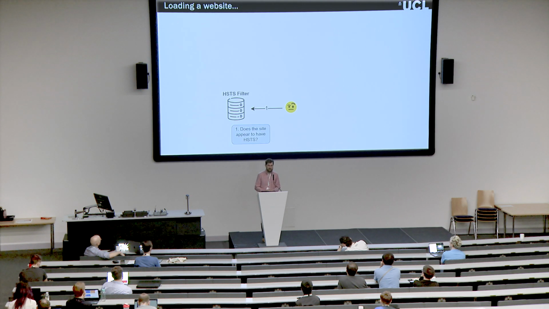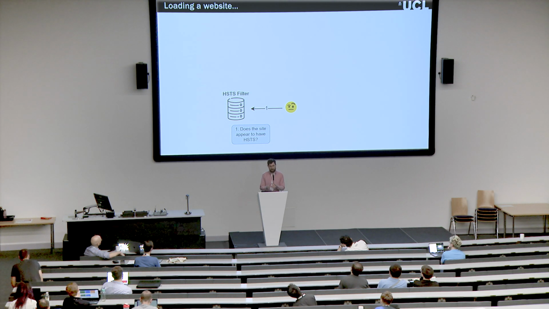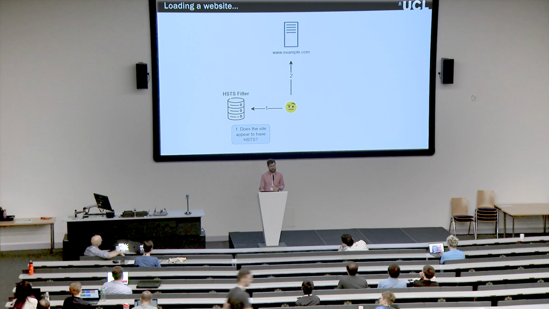So if we want to load a website in this protocol, first of all, when we decide we want to visit a website, we have to go to our local Bloom filter and check if the website is present, and that'll indicate whether it should have HSTS or not. If it does have HSTS, we connect to the website and we assume that we must have an HTTPS connection.